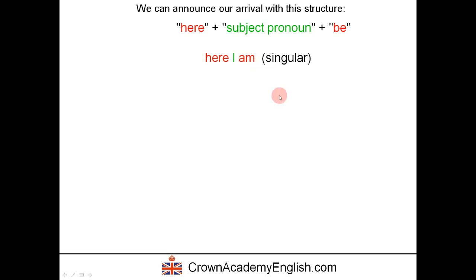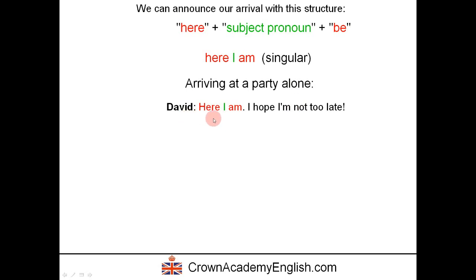So when one person arrives somewhere, the person can say, "Here I am." So example, arriving at a party alone, David says, "Here I am. I hope I'm not too late." And John replies, "Hi David, welcome." Okay, so it's a simple expression to announce your arrival.